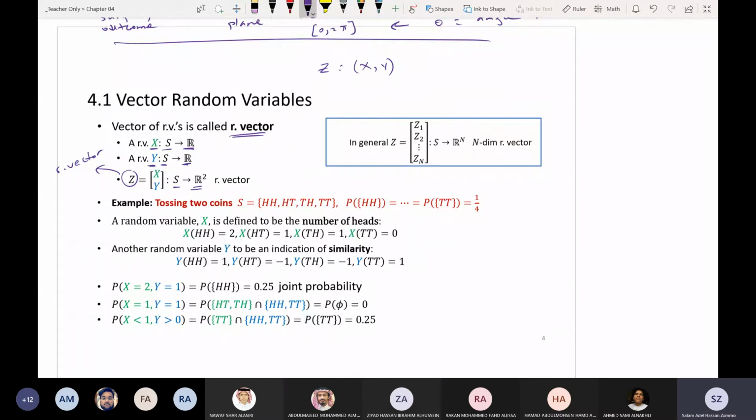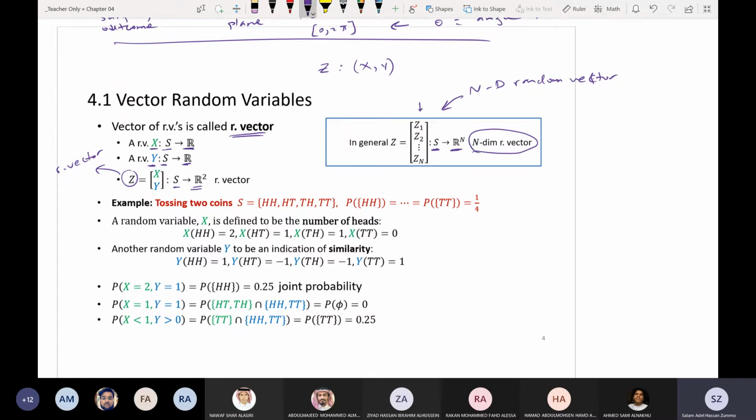Now in general you can have an n-dimensional random vector. Very similar concept. In this case, the random vector will contain n values. So it's a mapping from the sample space to R^n. It's an n-dimensional random vector.